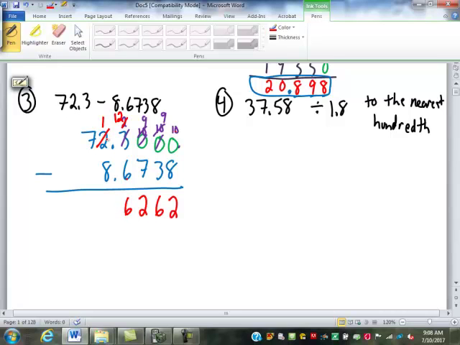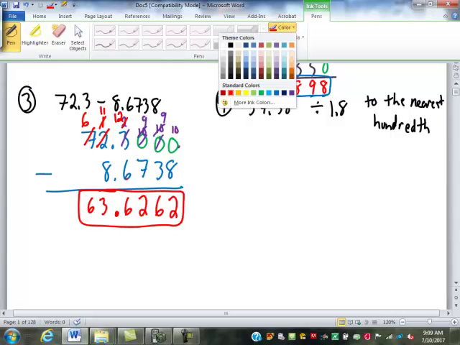What do I have to do before I can do the 1 minus 8? I bring my decimal down, and then I have to borrow from the 7. This is a 6 and 11. 11 minus 8. 3 and the 6. Any questions there?